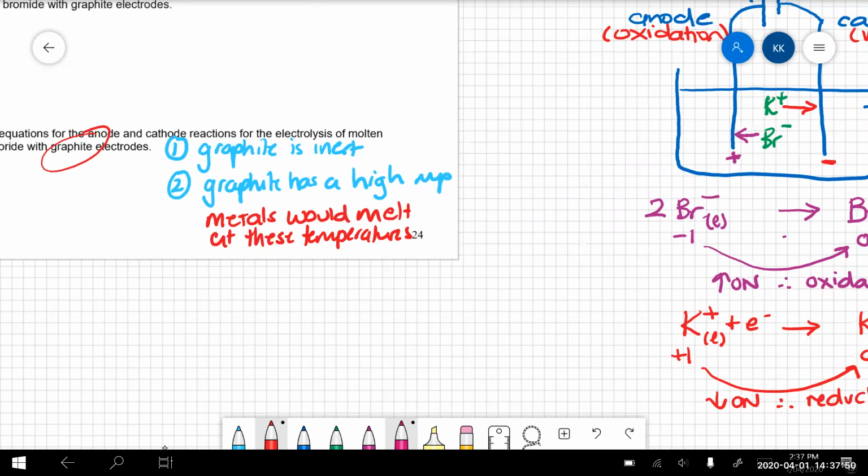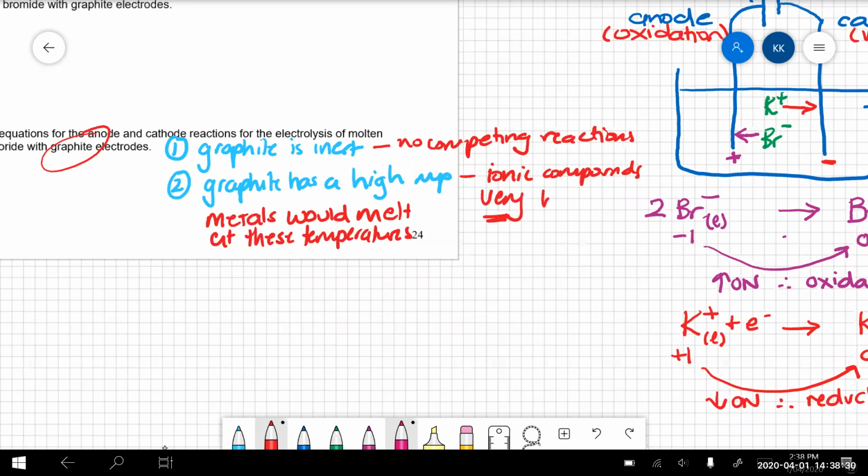So firstly, graphite is inert, so there are no competing reactions, because of course if a metal was the anode, then the metal would get oxidized instead. So we want an inert anode and an inert cathode. It doesn't actually really matter for the cathode, as the cathode material doesn't take part in electrolysis. And we want something that is not going to melt at these very high temperatures, okay? Ionic compounds have a very high melting point.